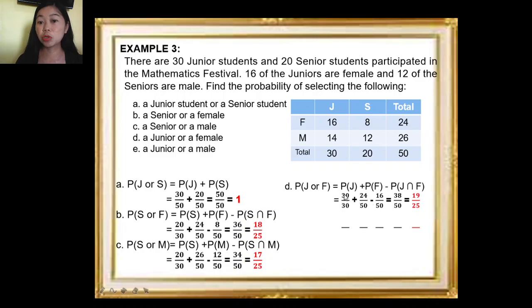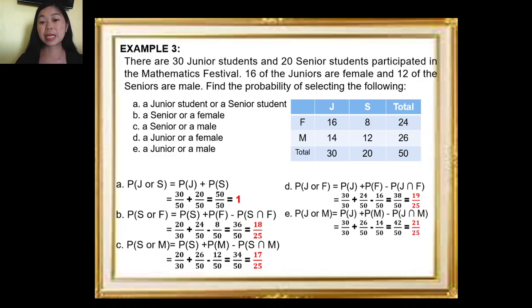So, we have junior is 30 over 50. Sorry, again, this is 50 ha. Plus, ang female natin is 24 over 50 minus the intersection of junior and female, probability 16 over 50. So, this is 54 minus 16 is equal to 38. So, the answer is 38 over 50. Ilo-lowest term uli natin. Divide both by 2. So, the answer is 19 over 25.